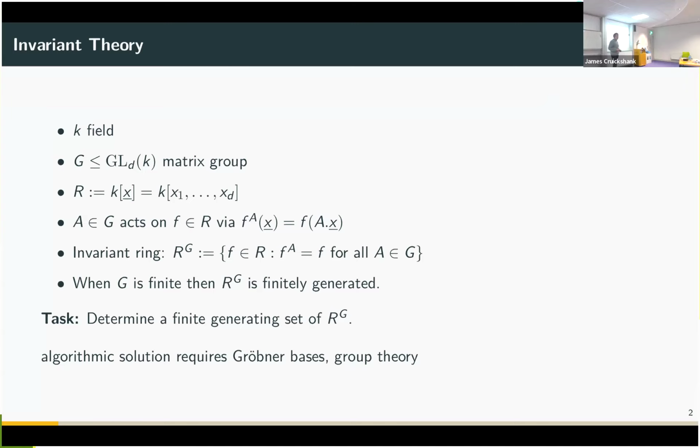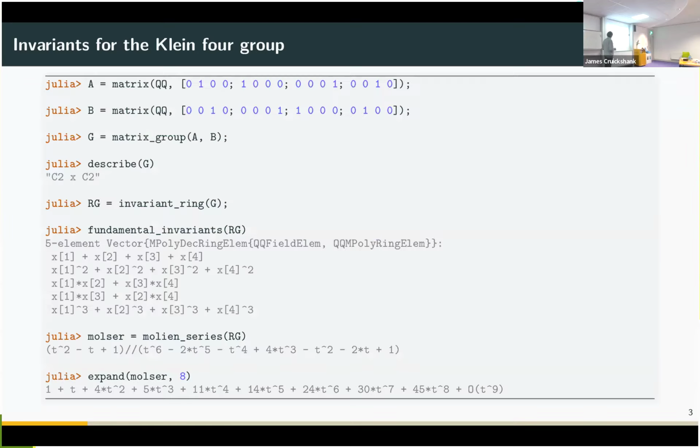So we are in an area where these two areas are used together. If you have support for just one of them, you can't really do this. In OSCAR we have these available, so it should be possible to do it. A very small example: we take two matrices over the integers, rational field. Here we compute the matrix group generated by them.